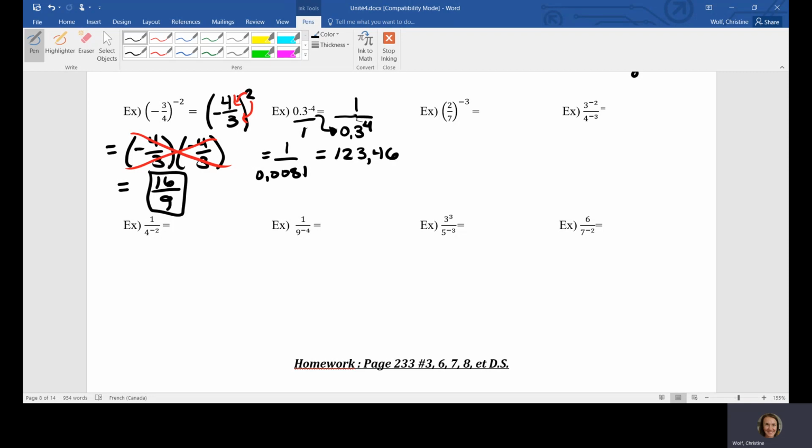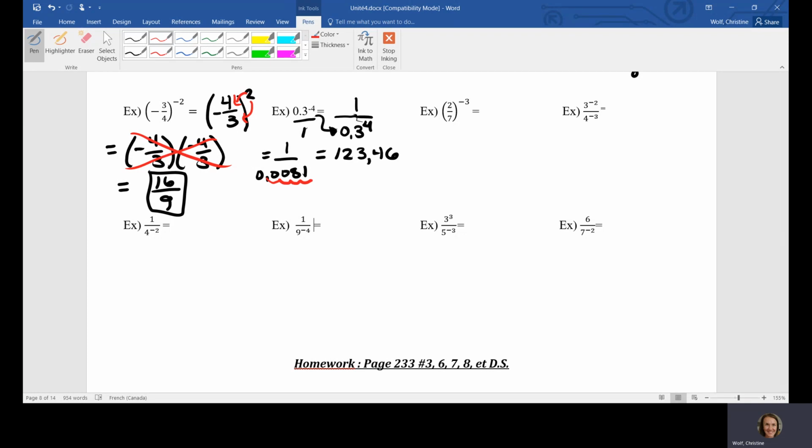OK, here's what the textbook does, though. Textbook's weird. This is what the textbook does. Au lieu de changer ça à une décimale, le texte prend la virgule ici et bouge jusqu'à la fin. So, ça bouge 4 fois, right?